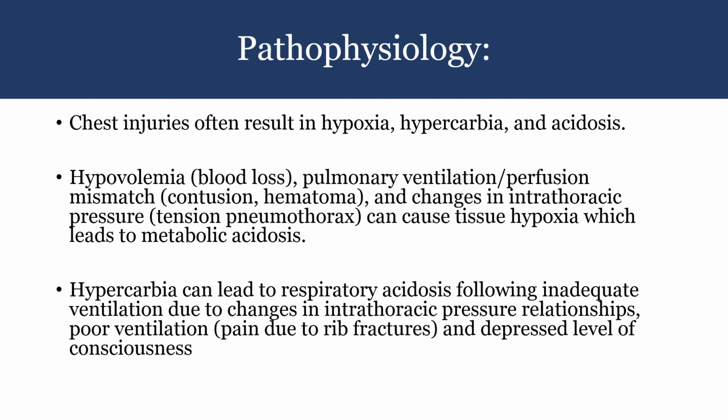When a patient has poor ventilation, they are not able to blow off all the carbon dioxide, like patients who have pain due to rib fractures, and also patients who have a decreased or depressed level of consciousness. They have issues with breathing and blowing out carbon dioxide, and thus they end up with hypercarbia.